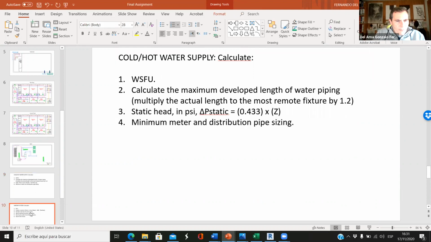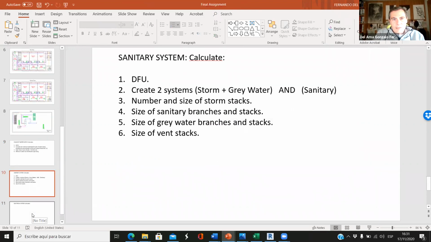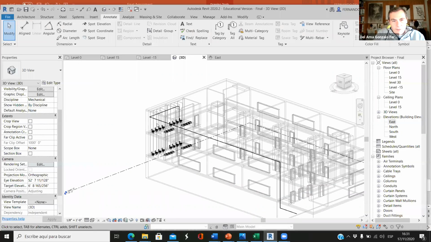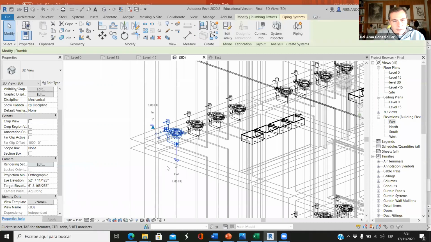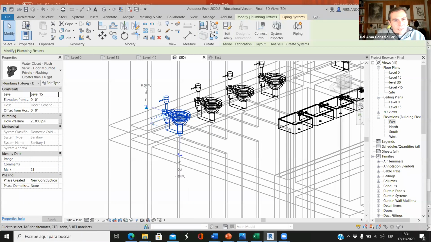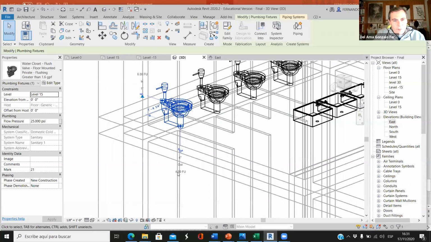So that's it. For the drainage or the sanitary system, we have to calculate the drainage fixture units. Again, if you click on this toilet, we have 4 fixture units. So there are 6 water supply fixture units, but only 4 drainage or sanitary fixture units.